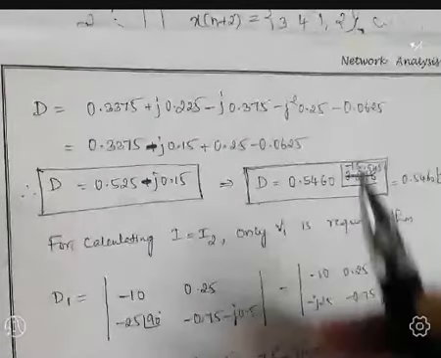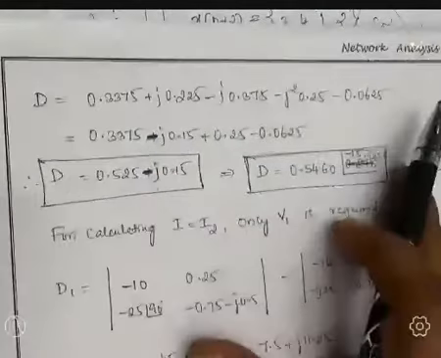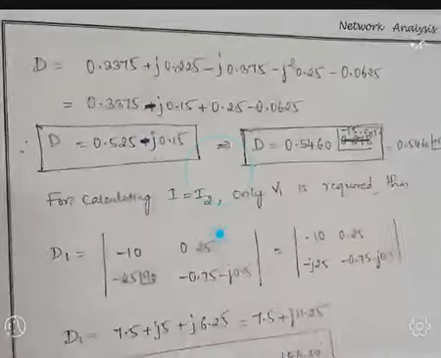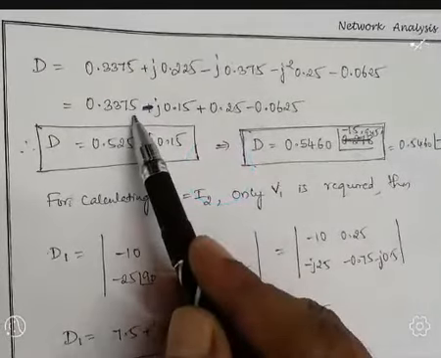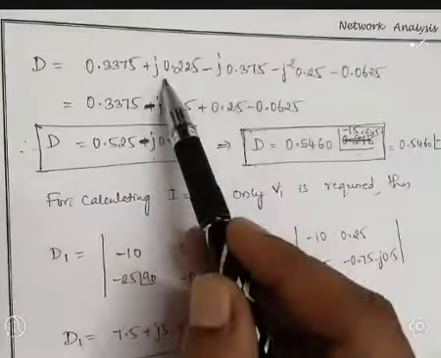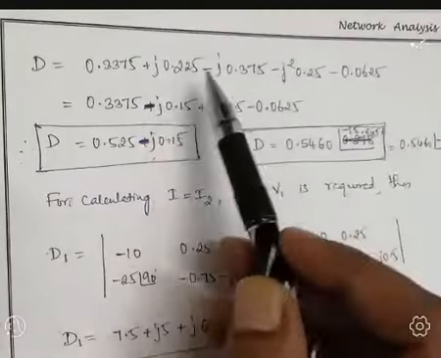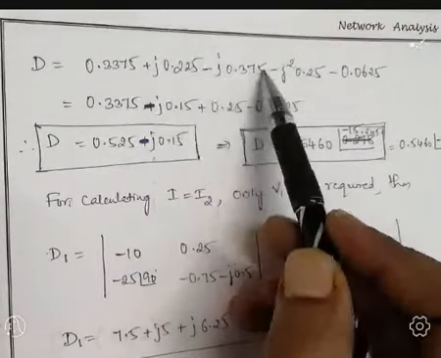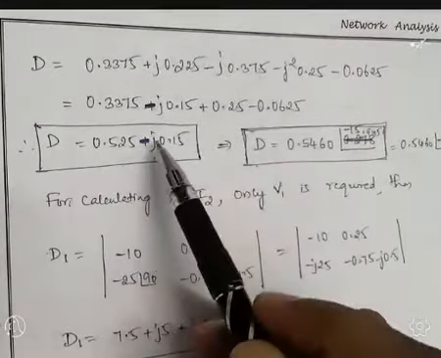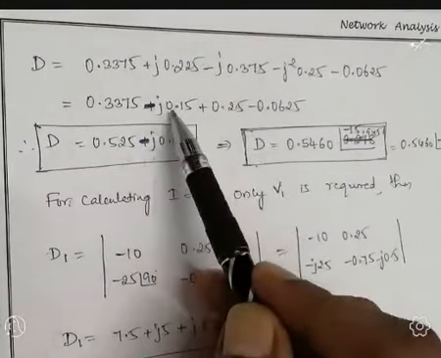Next, further simplification. 0.3375. Simplification of these two things: plus j 0.225 and minus j 0.375. Simplify, you will get minus j 0.15.